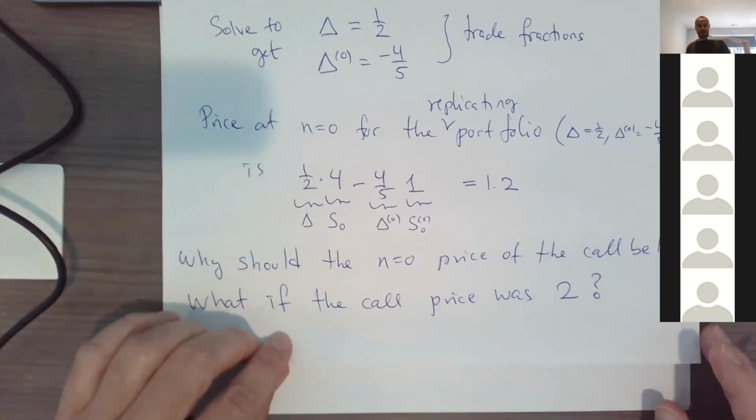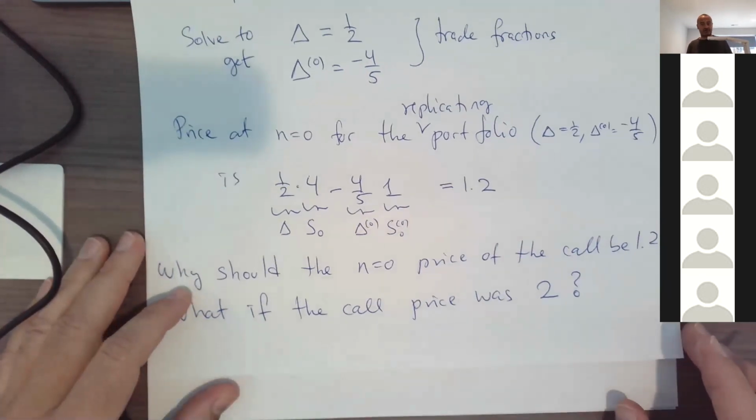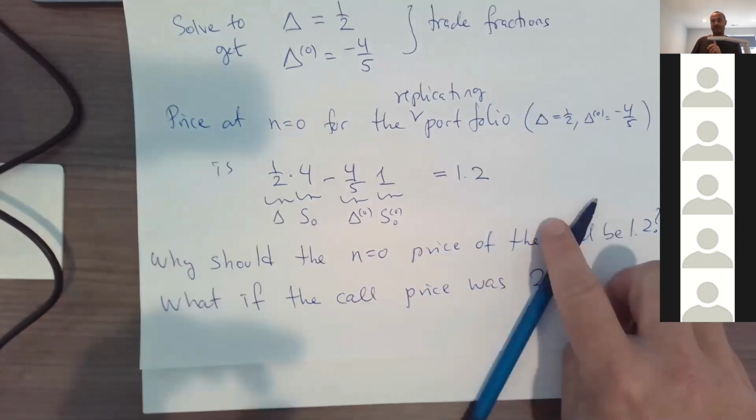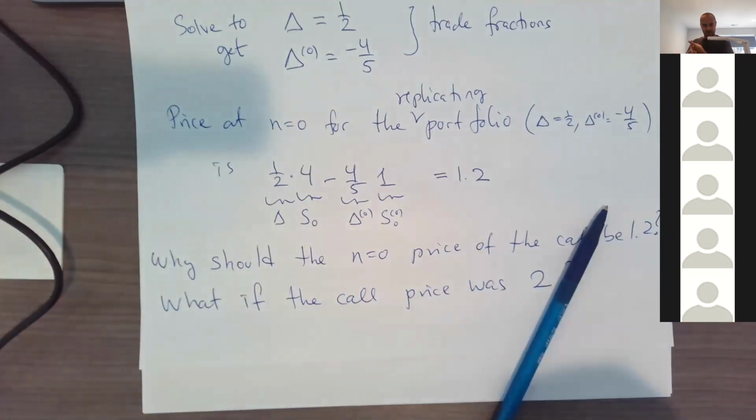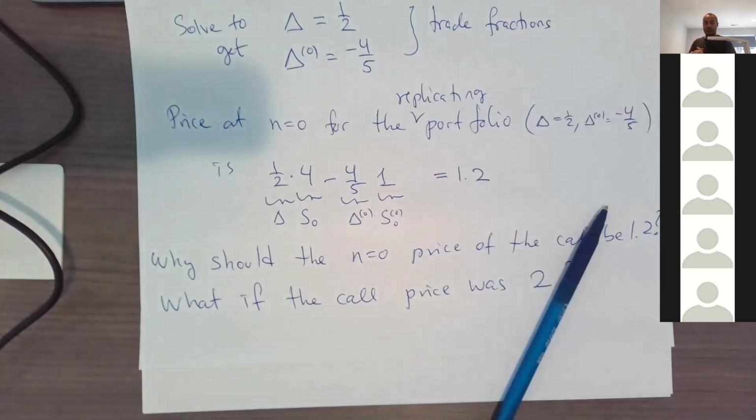Then what would you do? If you were an investor, you know that the price of the replicating portfolio is 1.2 and the price of the call is 2. Say you're sitting on a desk and you observe this. What would happen if the price of the smoothie ingredients, when you add them up, differs from the smoothie that you can go to your neighbor and buy?